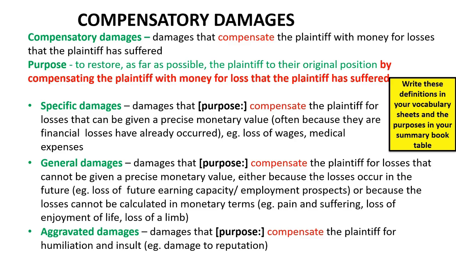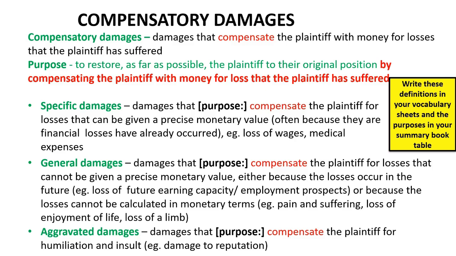Money cannot return a plaintiff to their original position by wiping out the humiliation, insult, and reputational damage that a plaintiff has suffered. Instead, money, aggravated damages, can only alleviate these losses. This is the best we can do for the plaintiff in trying to restore the plaintiff to their original position.